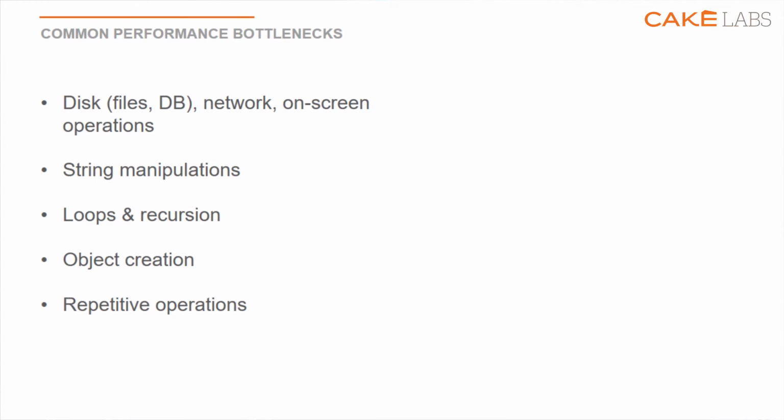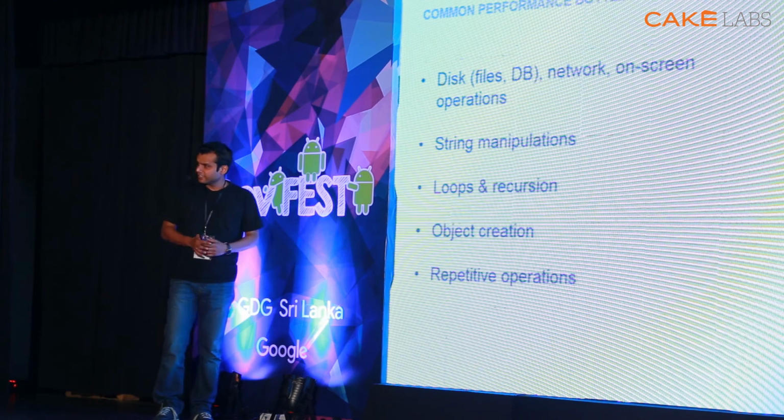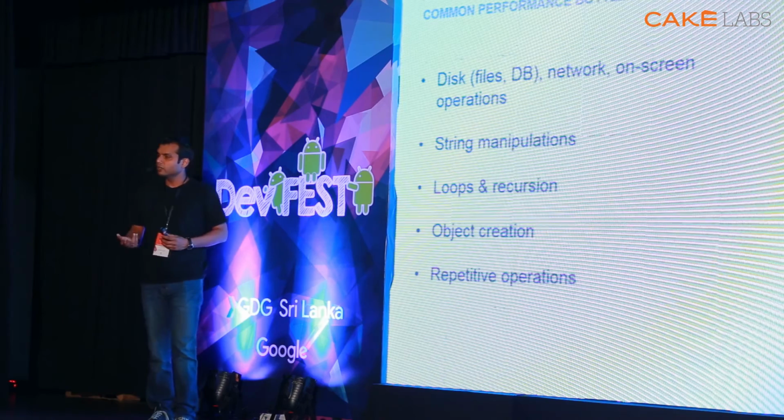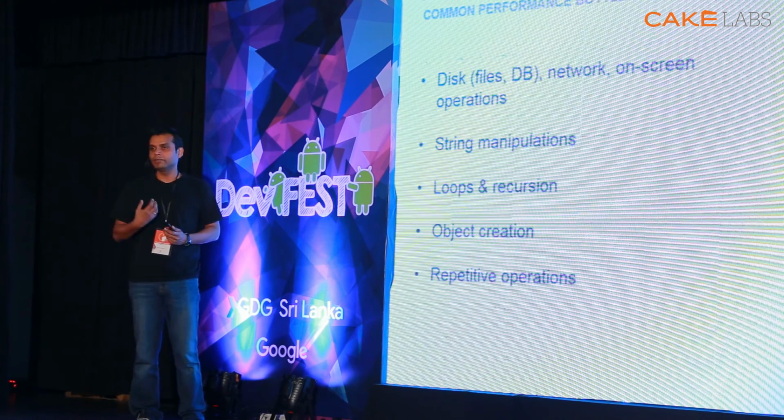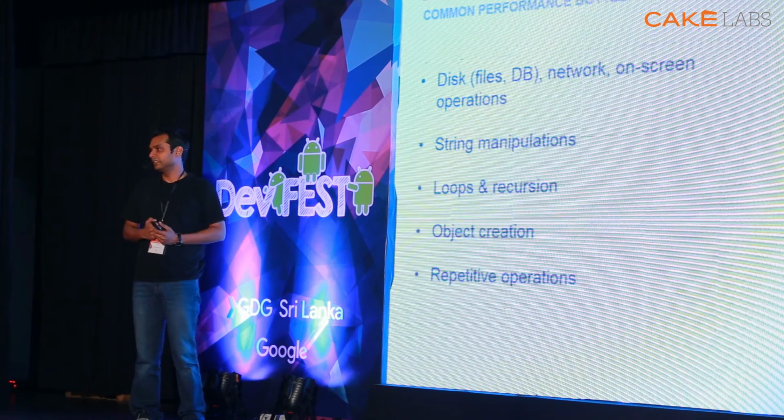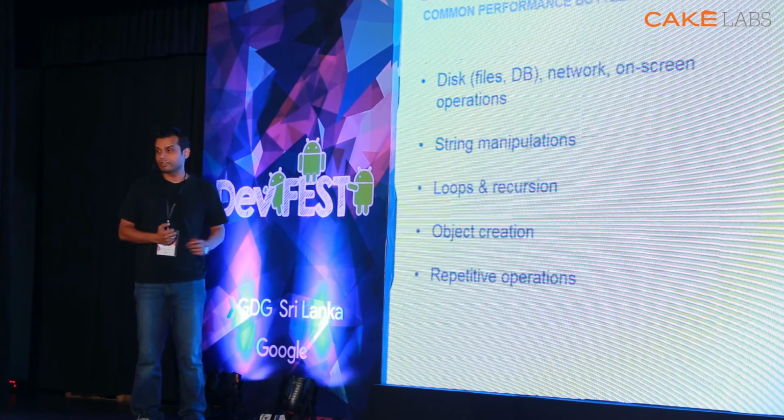The more objects you create, the more burden you impose on your garbage collector. And remember, the garbage collector is using the same resources as your application. And any repetitive operation, like reading configurations. All you need to do is read it once when your application starts up. You can keep it in memory. You don't have to keep reloading it. So stuff like that you need to find.